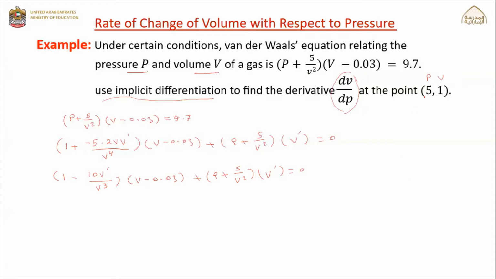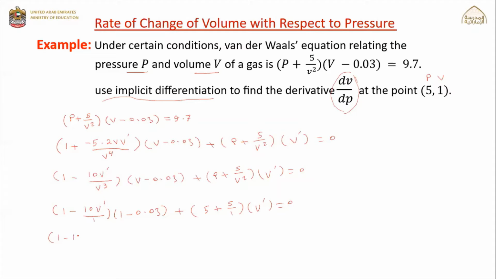Now I will substitute the values of P and V, which are 5 and 1, in this equation. So (1 - 10V'/1)(1 - 0.03) + (5 + 5/1)V' = 0, because 1 squared is 1.